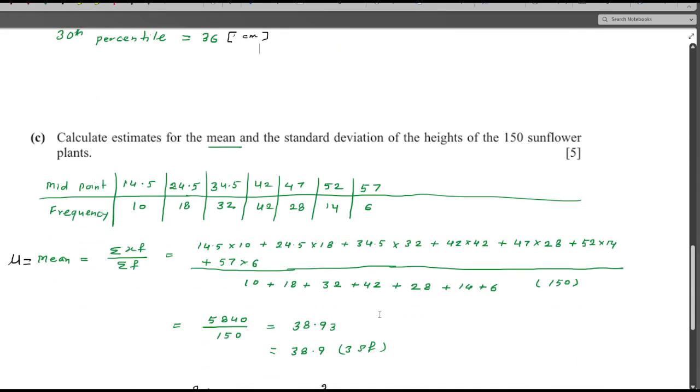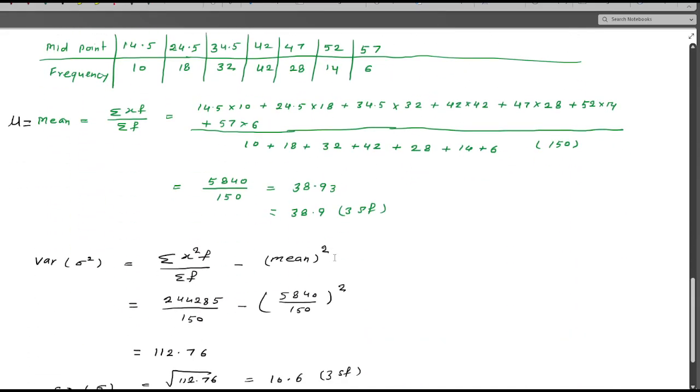Next you have to find the mean. Again this mean is height, so you write three significant figures, but here you write centimeter in the bracket. Let us erase it and say 38.9 centimeter, and here 3 SF.